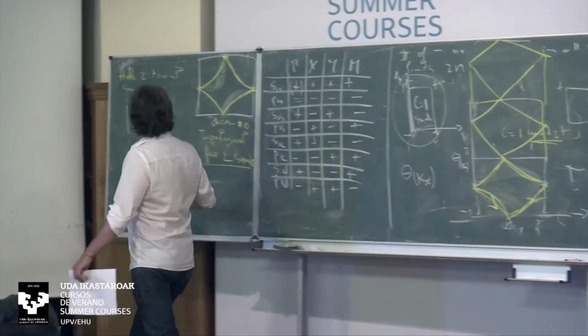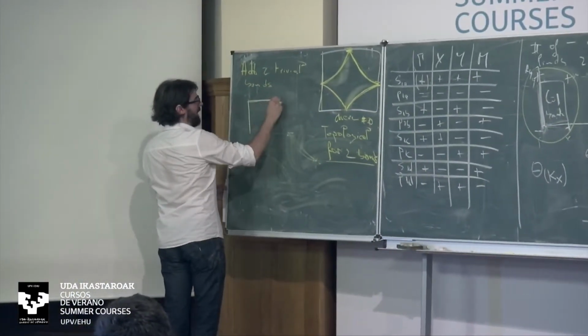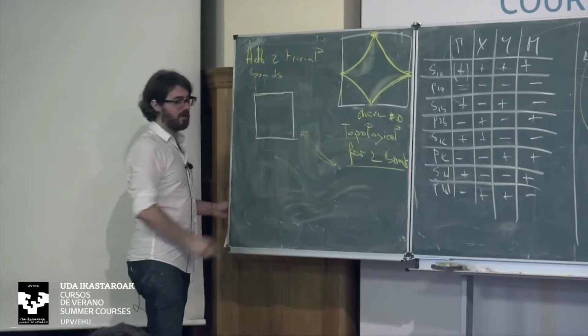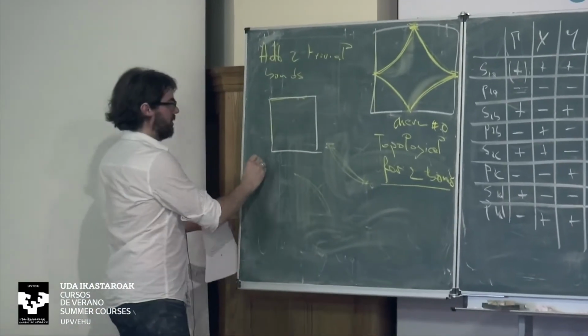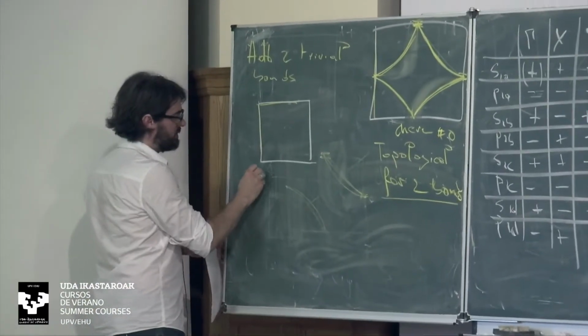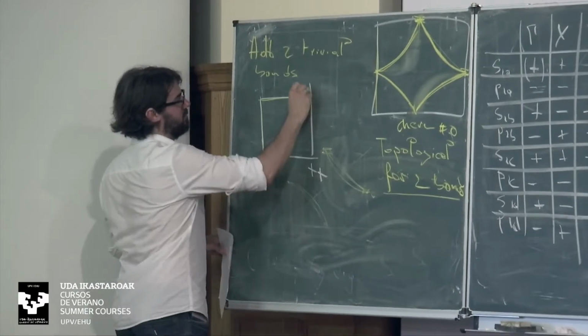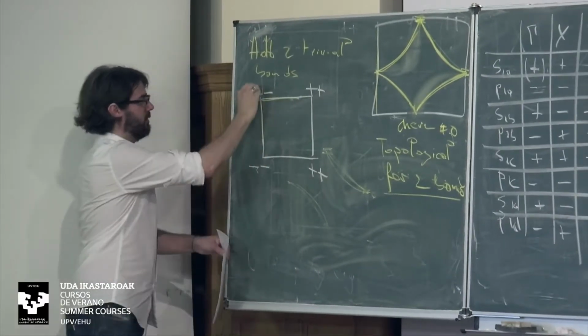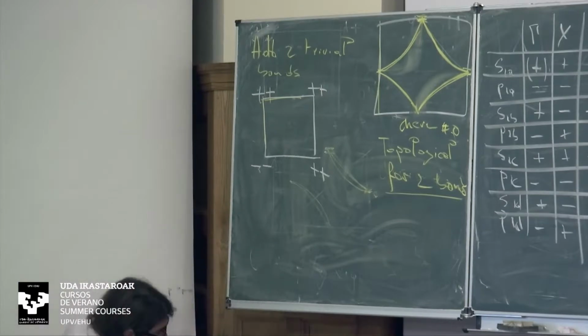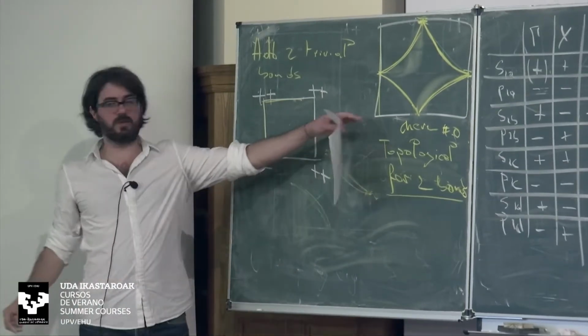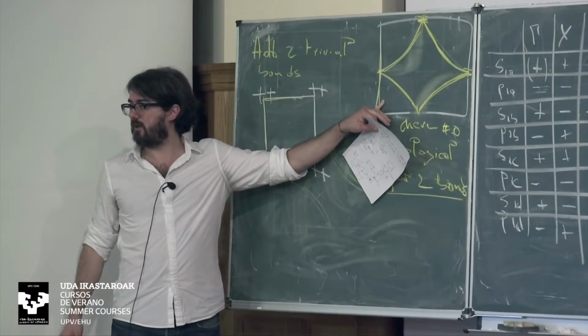Okay, so now we're going to add 2 trivial bands. So we're going to look at the system formed by inversion eigenvalues minus minus, plus plus, plus plus, minus minus, sorry, plus plus, which is Wilson loop winding like this, yeah?